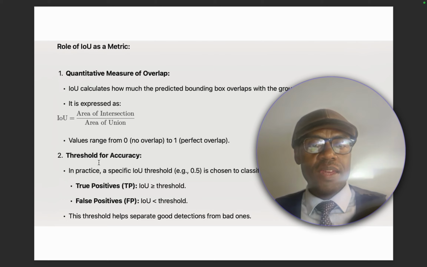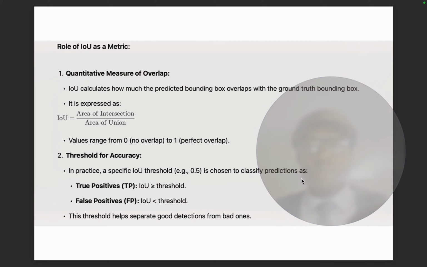Then the second role of IoU in object detection models as a metric is threshold for accuracy. What's that? In practice, a specific IoU threshold can be, it's not always, but in most cases, 50%.